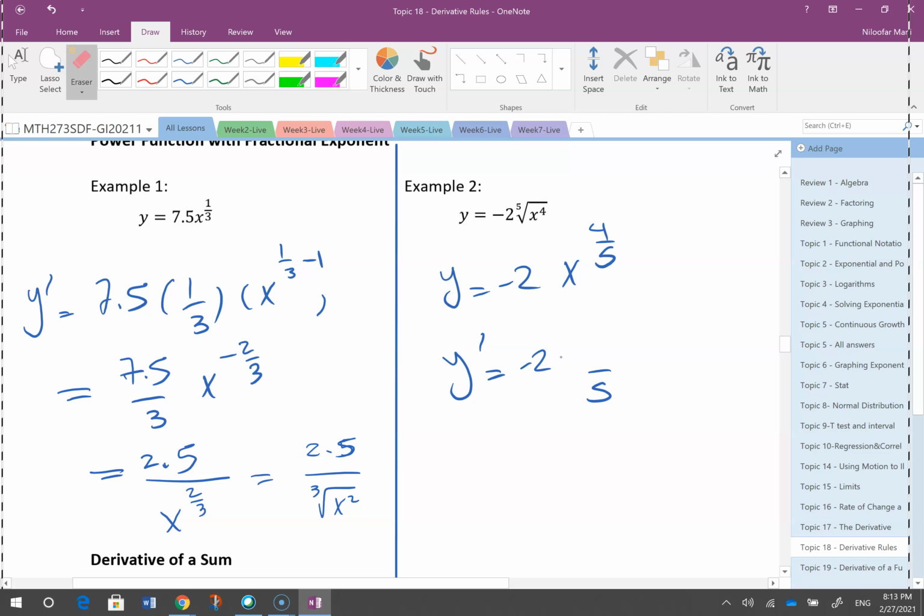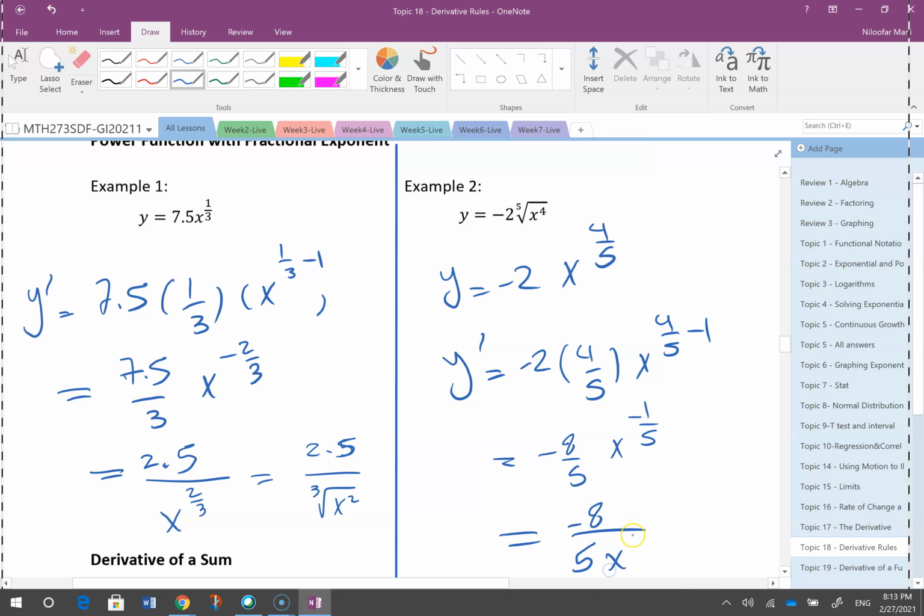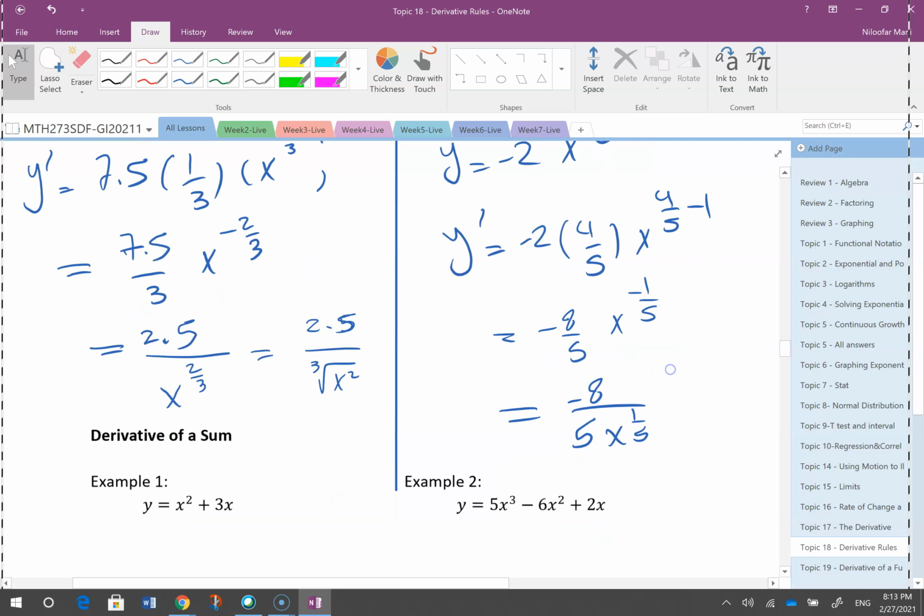I make bracket. So this x power 4 over 5 minus 1, which is minus 8 over 5 x power 4 over 5 minus 5 over 5, minus 1 over 5, which is minus 8 over 5 x power that, which is minus 8 over 5 5th root of x.